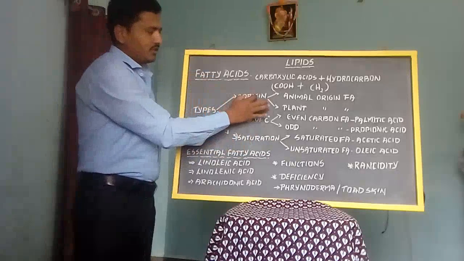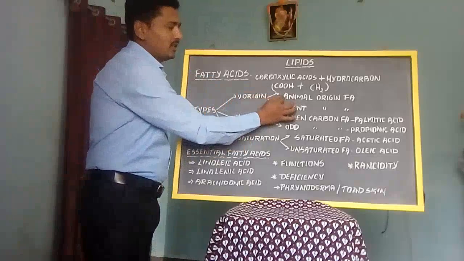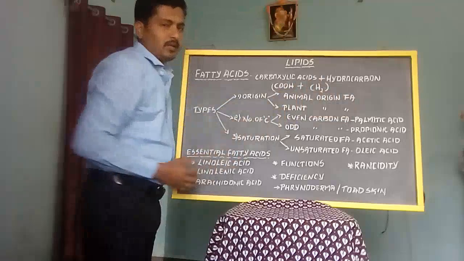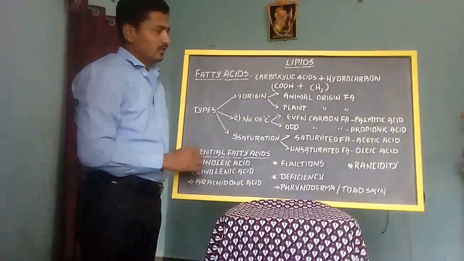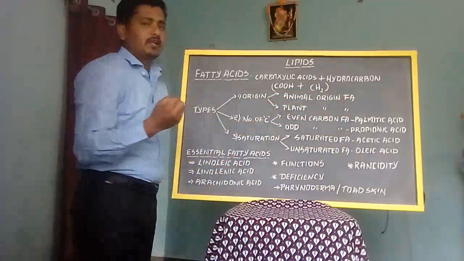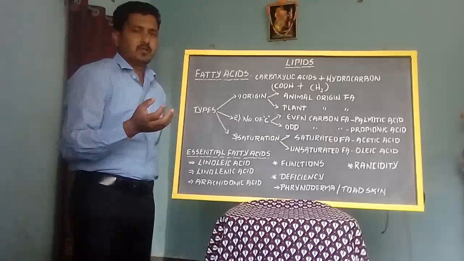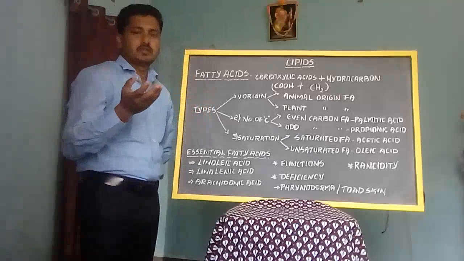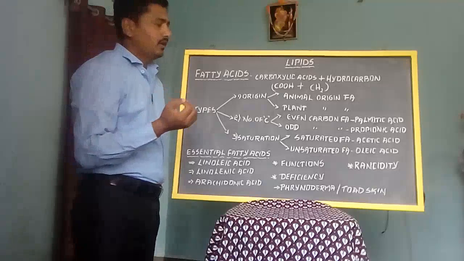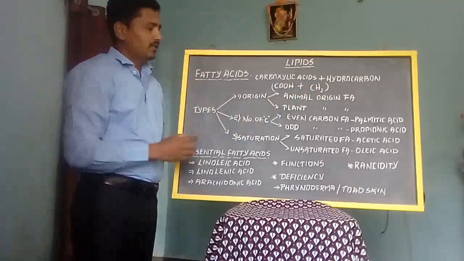Based on the origin, we can classify fatty acids as animal origin fatty acids and plant origin fatty acids. If the fatty acids we are getting from animal sources, in the form of ghee, in the form of triglycerides, that will be called animal origin fatty acids.